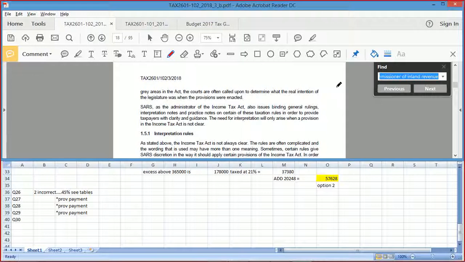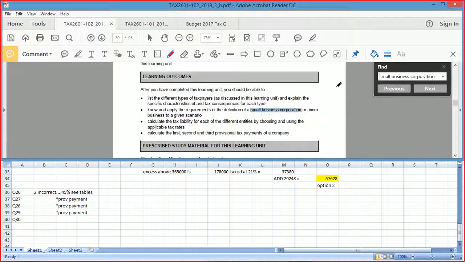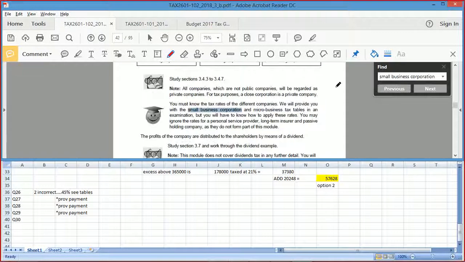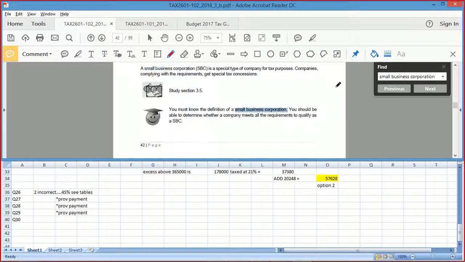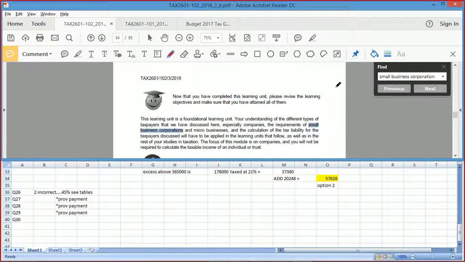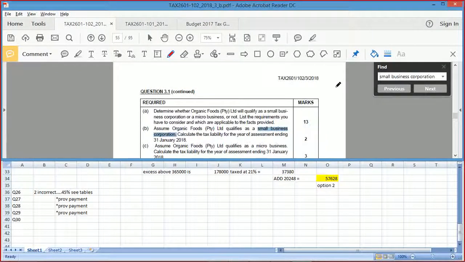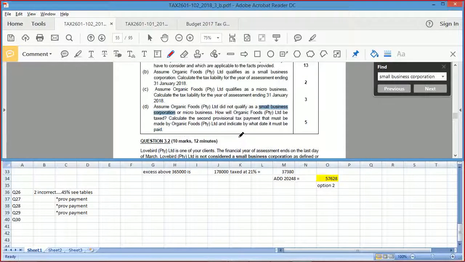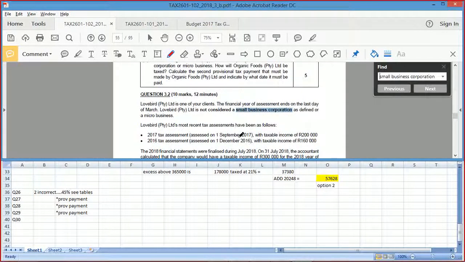Let's just check it. Small business corporation. No, that's not it.